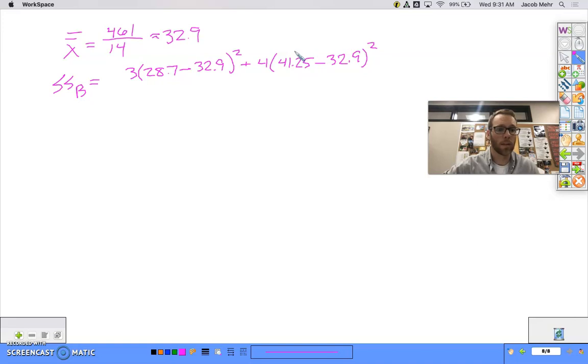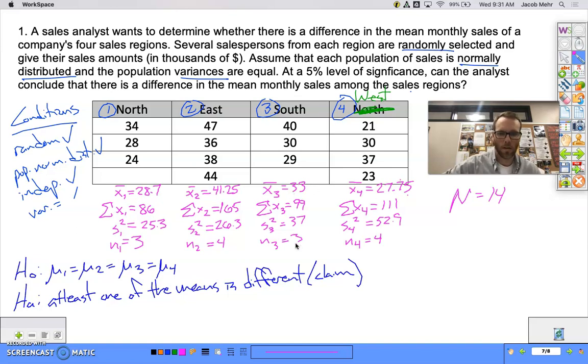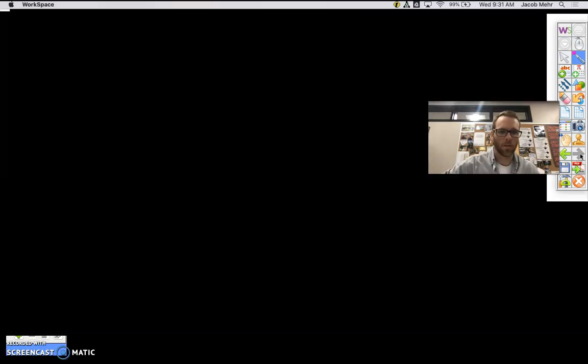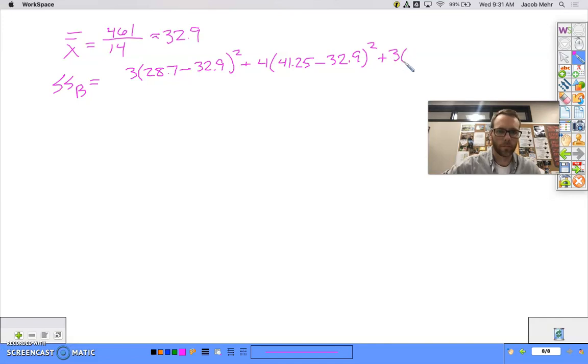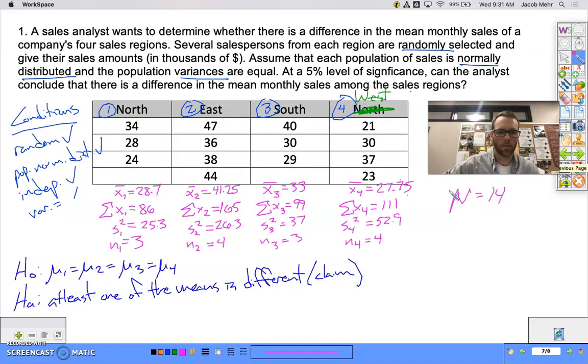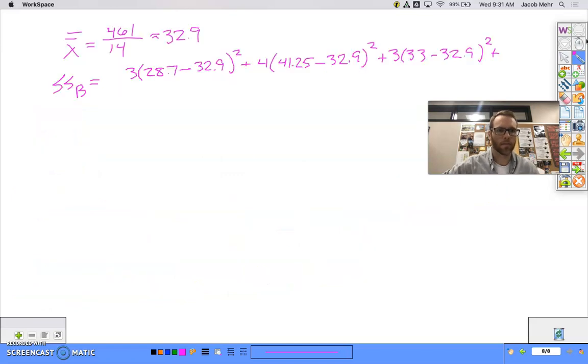Now the next one: sample size was 3, sample mean was 33. Plus one more, the last one, 4, sample mean 27.25.